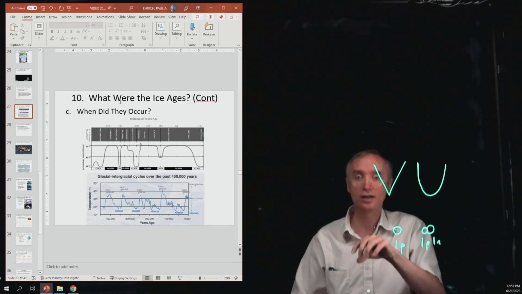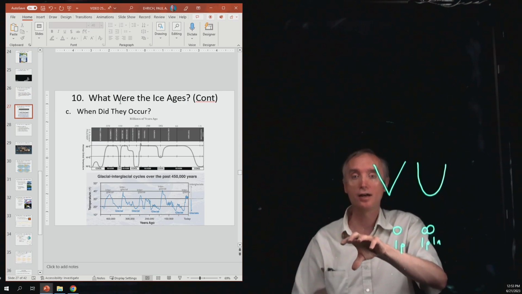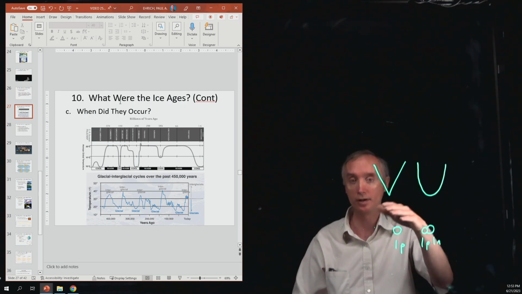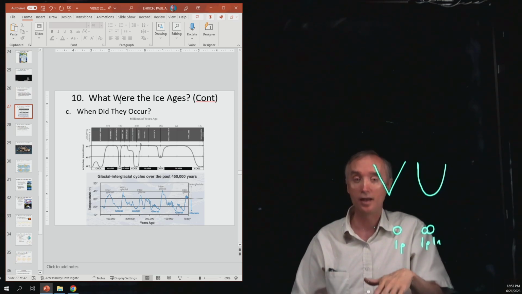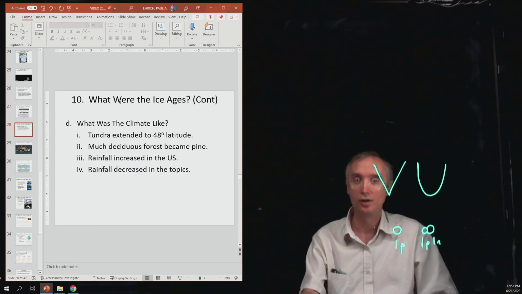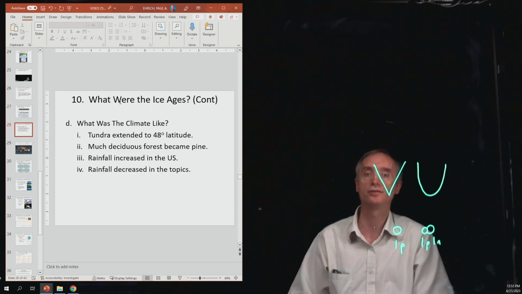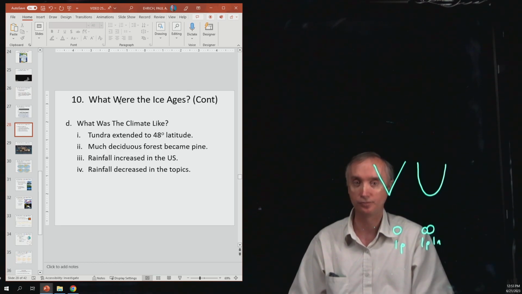And you can see that during that 500 million years, there have been times when the climate of the Earth has been hotter and times when the climate of the Earth has been colder, and during those cold spells is when the ice ages have been occurring. So what was the climate like during the ice ages? The tundra extended to about 48 degrees latitude.